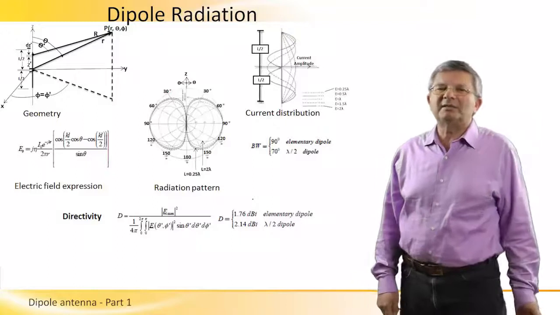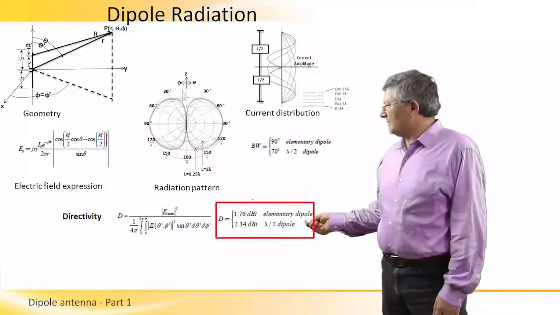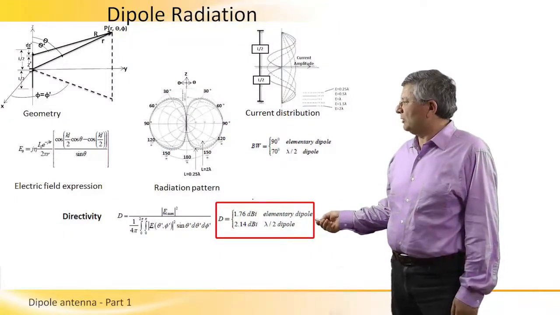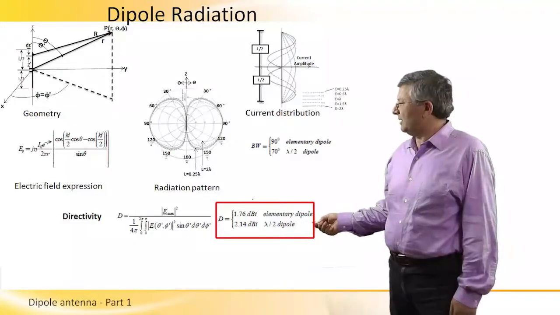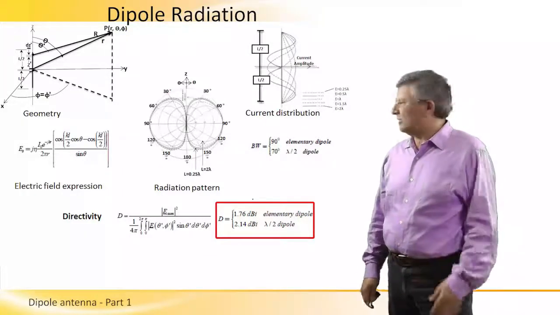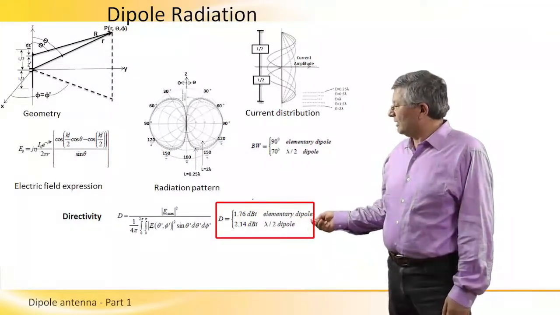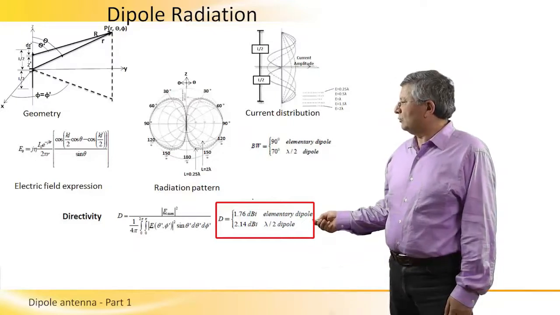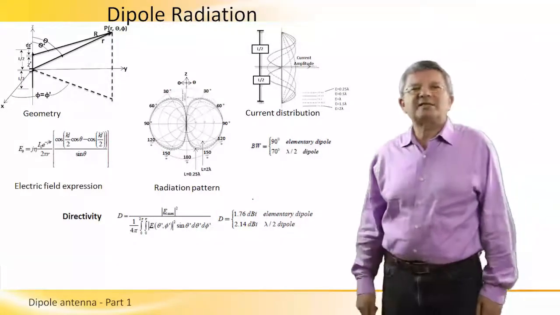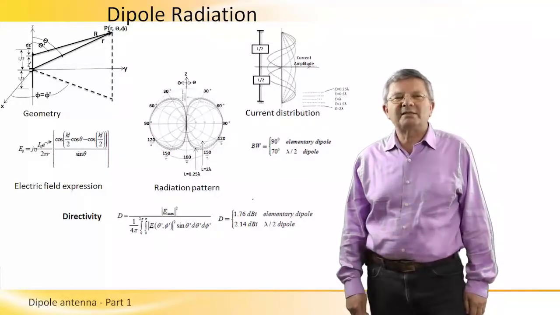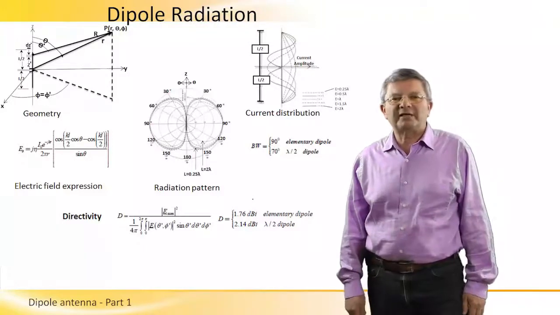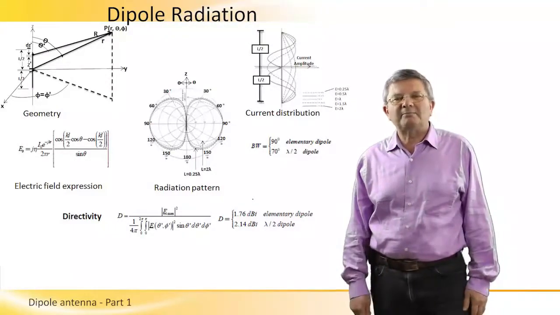In the case of the elementary dipole, the directivity is equal to 1.76 dBi, which is obtained by taking 10 log to the base of 10 of this expression, and i denotes relative to isotropic radiation. For a lambda over 2 dipole, the directivity is equal to 2.14 dBi. The larger the extent of the dipole, the higher the directivity we obtain, and this is a parameter for quantifying antennas and getting a better performance.